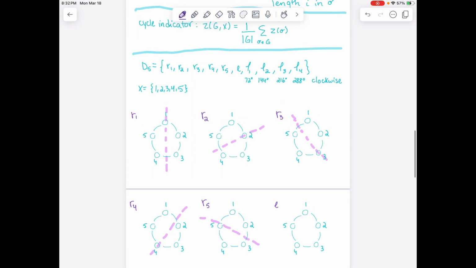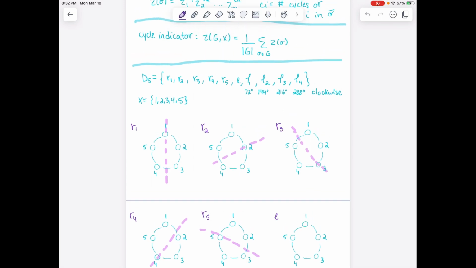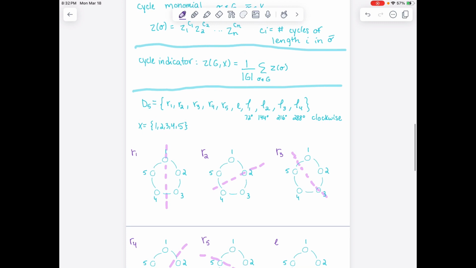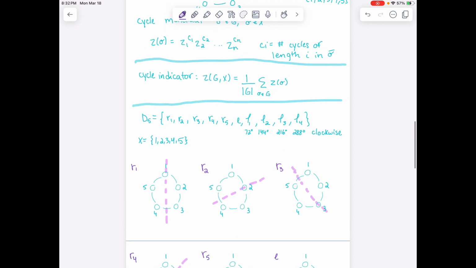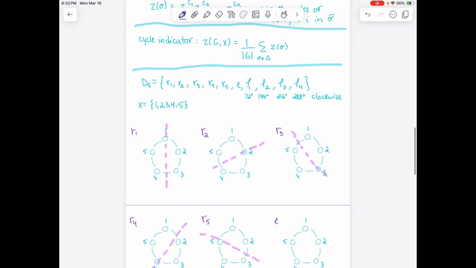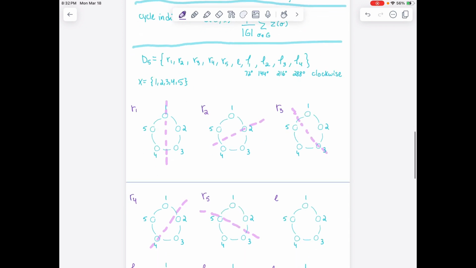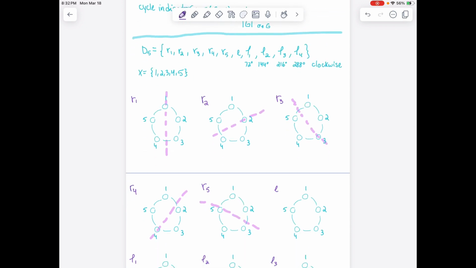For the moment, I'm not going to consider the colors of the beads because we just want to look at the structure of the cycles after operating with each symmetry from D5. Also, R1, R2, R3, R4, R5 are just reflections through the corresponding vertex, and these are clockwise rotations since we go by 72 degrees. We're just going to look at what the resulting cycle of the permutation would look like after acting on the necklace.